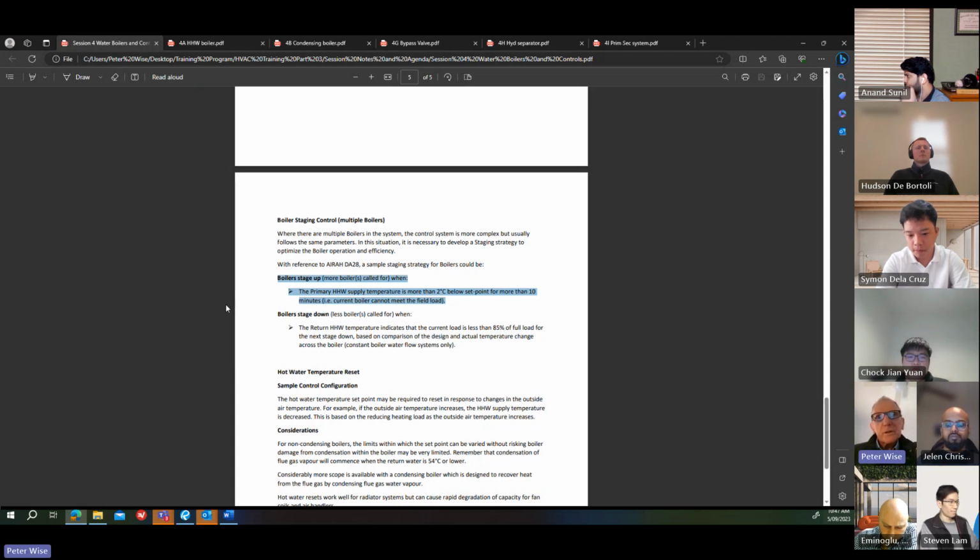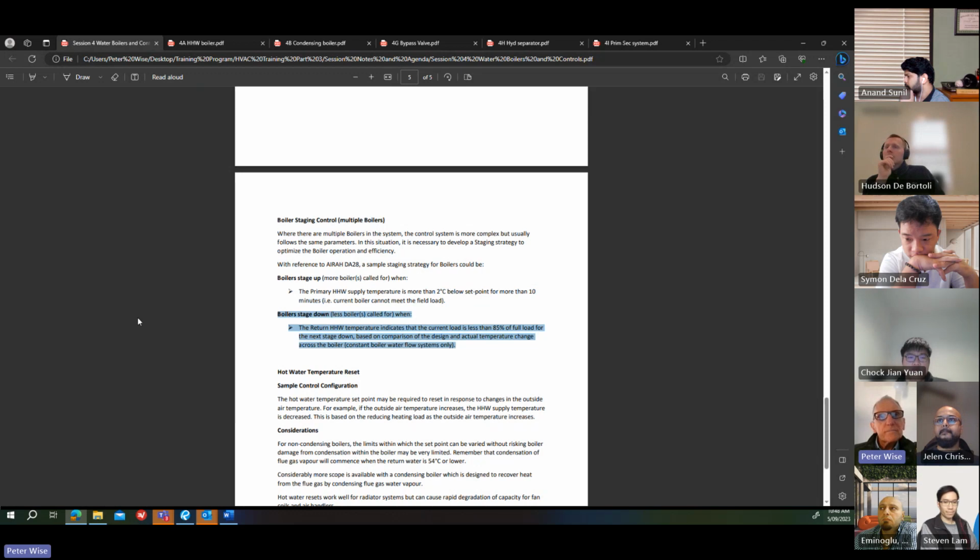If the primary hot water supply temperature is more than 2 degrees below set point for more than 10 minutes, in other words, the current boiler can't meet the field load. So it's not able to achieve the design temperature. So if it's more than 2 degrees below the set point, let's say it's 80 degrees required, it can only get to 78 and it's flat out, so it's not able to meet the load. You need another boiler.